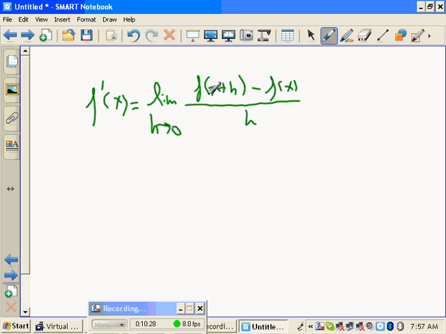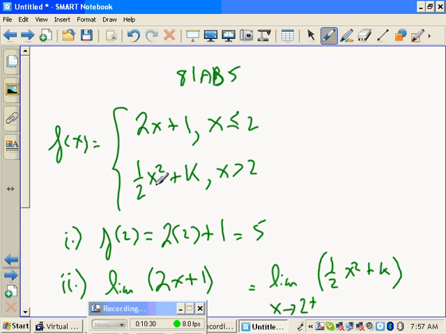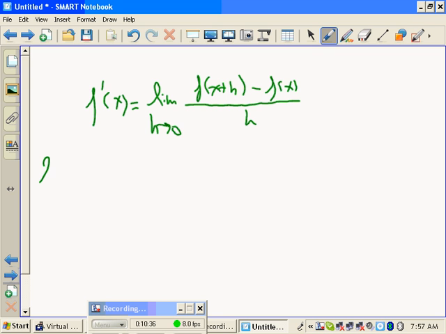I'm going to use the other function, which is now 1/2 x squared plus 3. We're going to use the 3. Okay? So, what's the limit as h approaches 0 from the left? Is it the same as the limit as h approaches 0 from the right of the difference quotient? Now, I'm going to apply it to f is 2x plus 1. So what do you write?